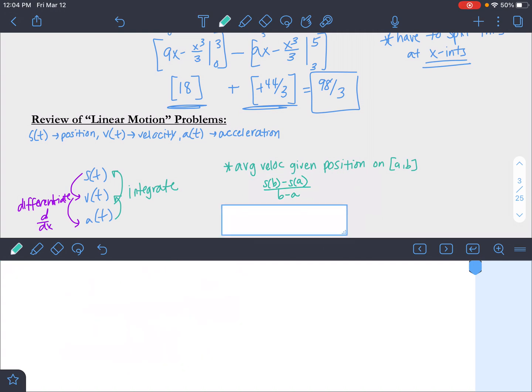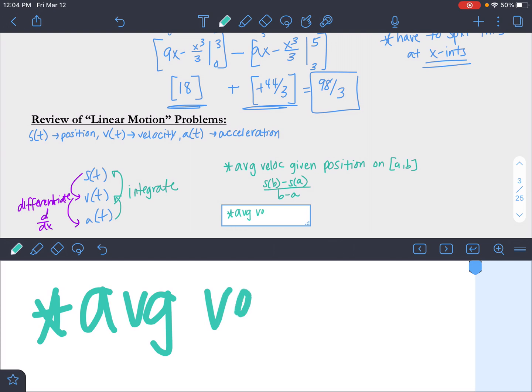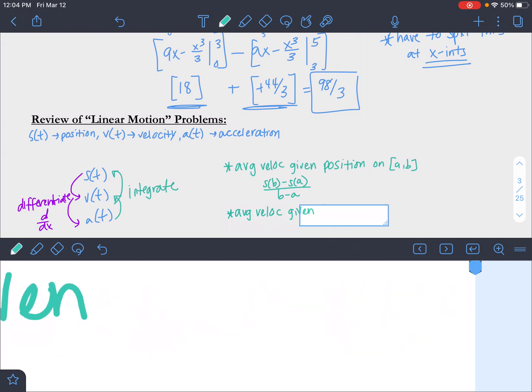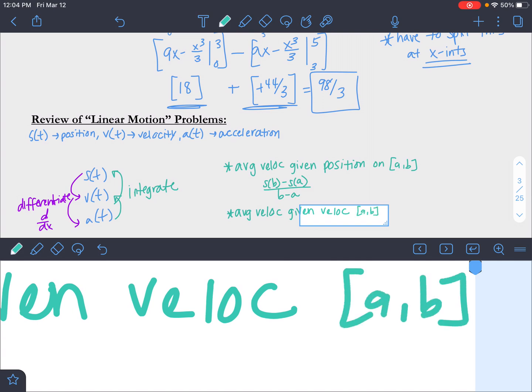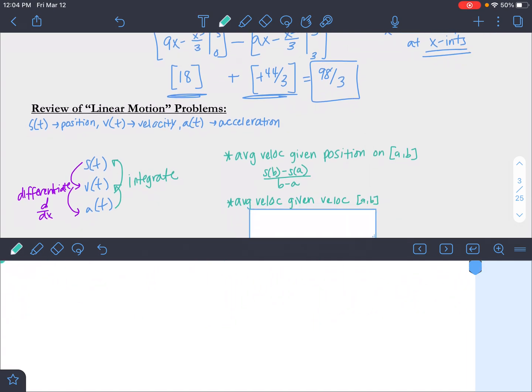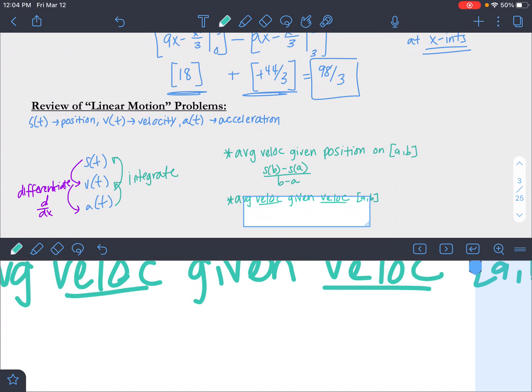All right, what about this situation? If I ask you for the average velocity given velocity, this is new, okay? If you have the velocity function, and I say, all right, give me the average velocity from A to B, this is average value because you have velocity and you're looking for velocity.